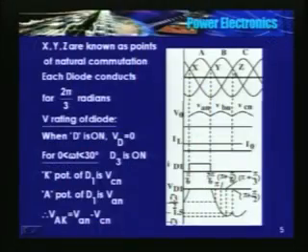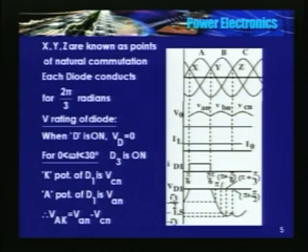So the changeover from one device to another takes place at X, Y or Z. The diode connected to phase C will turn off at X, and the diode connected to phase A will start conducting at X plus.